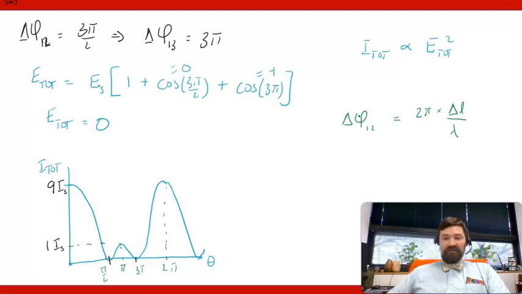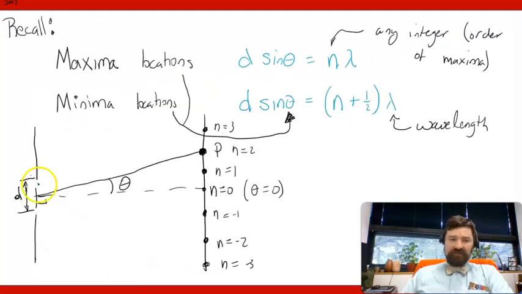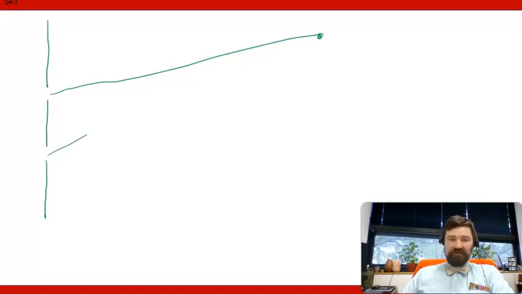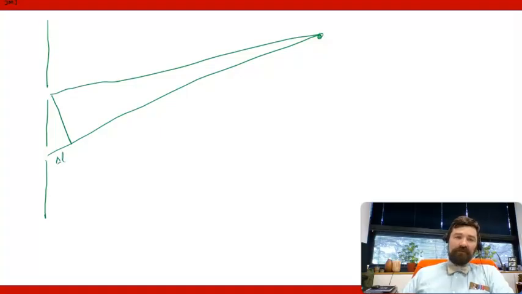But now we say, all right, well, in terms of theta, if we go back to our original diagram, the one that we drew over here, where you have the double slits and you're ending up at a location over here, and these are more or less parallel rays, then the path length difference delta L, given in terms of this angle theta, should look like d times sine of theta is delta L.